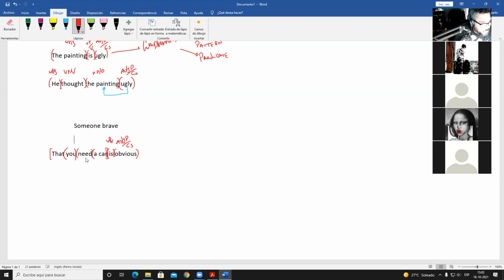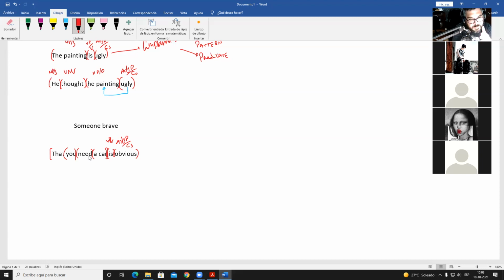How do I call this thing? Well, this is a clause, first of all, as well as the other one. But it's a clause inside of a clause. Therefore we can call it a subordinate clause, because it is the subordinate of another, bigger clause. What's the bigger clause?